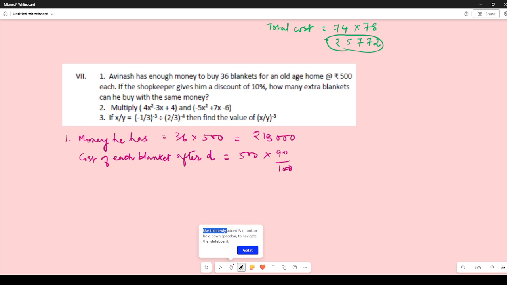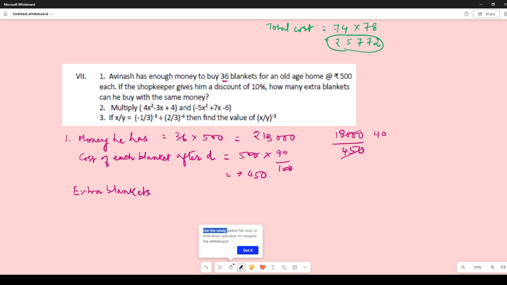So the cost now becomes rupees 450. So now how many extra blankets can he buy? So 18,000 is the money he has, and now the blankets cost 450 rupees. So when you divide it, you get 40. So that means earlier he was buying 36 blankets, extra blankets.